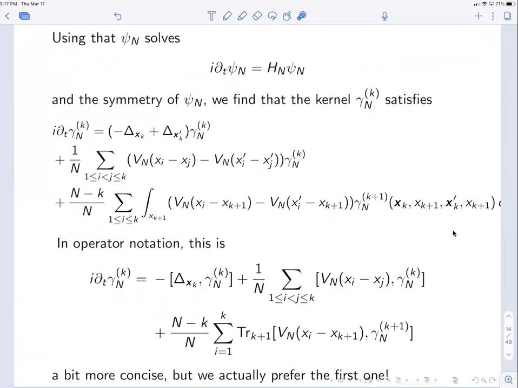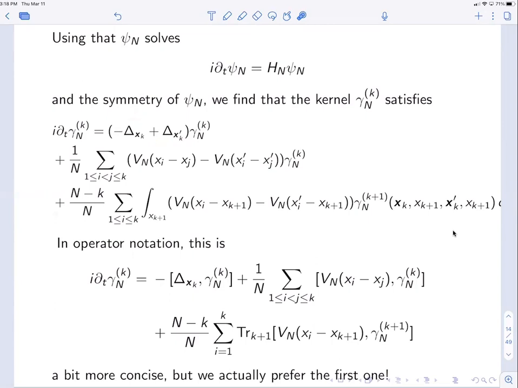So then to proceed with the analysis, we need the equation that is solved by the k-particle marginals, gamma_N^(k). Starting with the fact that psi_N solves the N-body Schrodinger equation and using the symmetry of psi_N, we find that gamma_N^(k) solves this equation, where the Laplacian terms have just come down from the Laplacian component of H_N, but only for the first k components, and the remaining N minus k have disappeared into the trace.